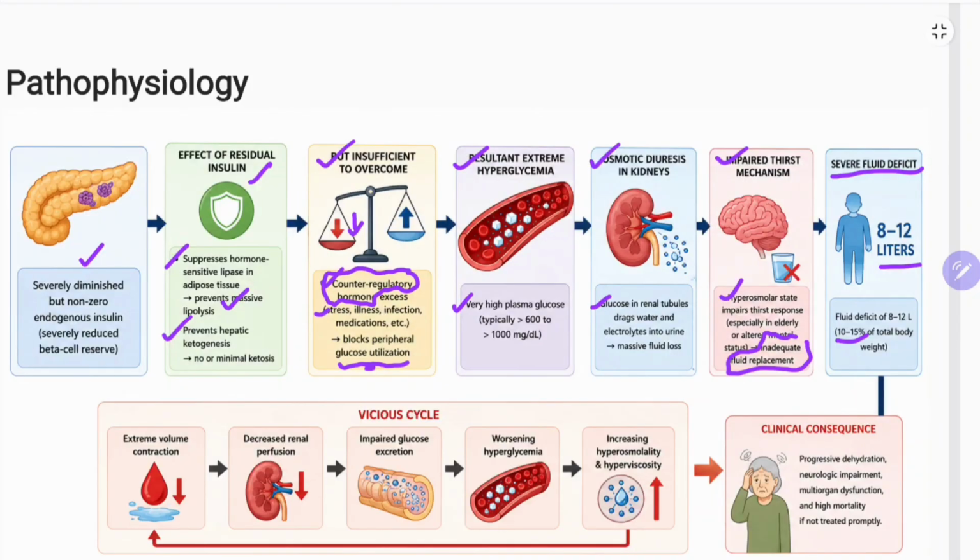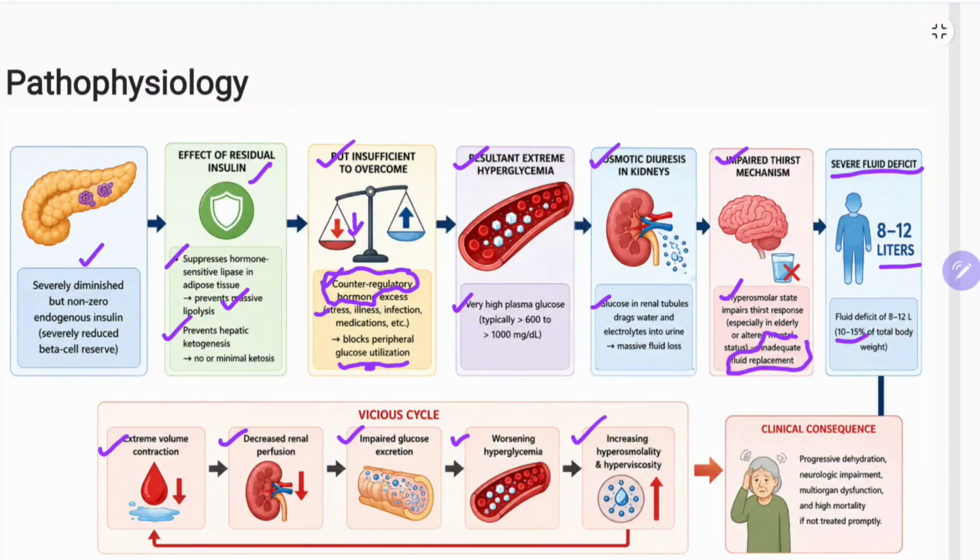Okay, so that will result in a vicious cycle. Extreme volume contraction will happen. That causes decreased renal perfusion, impaired glucose excretion, and impaired glucose excretion will cause worsening hyperglycemia, and that will cause increased hyperosmolality and hyperviscosity.